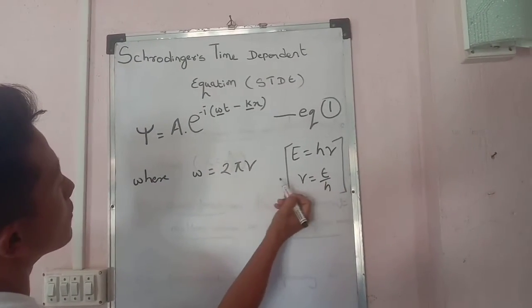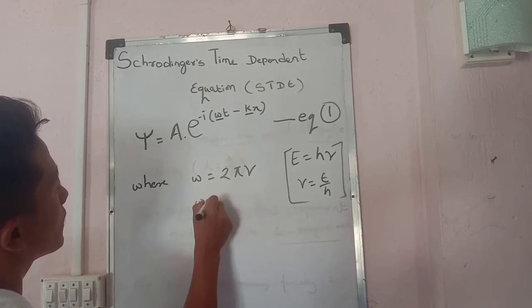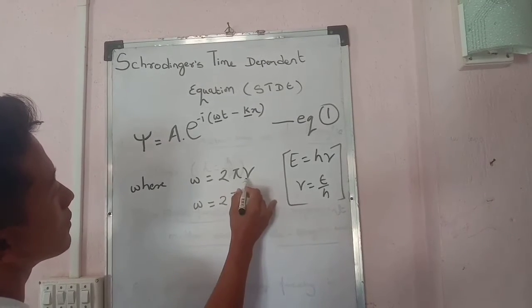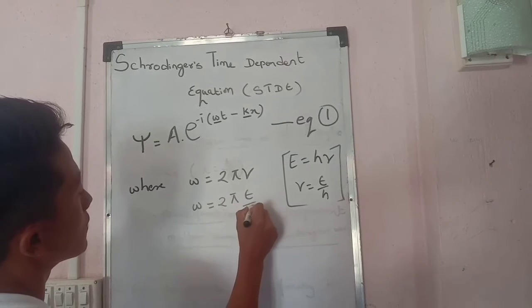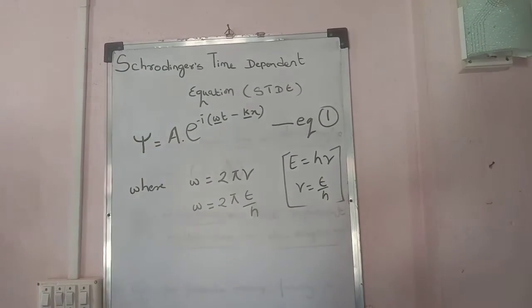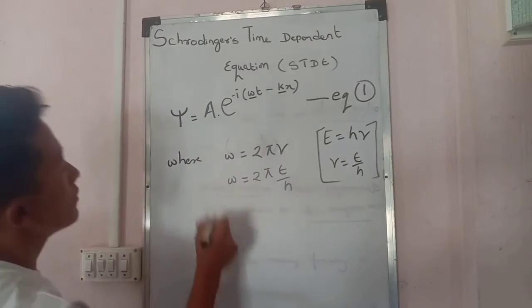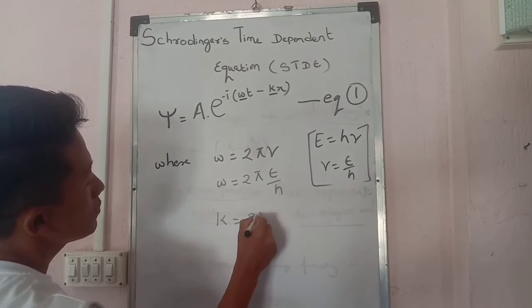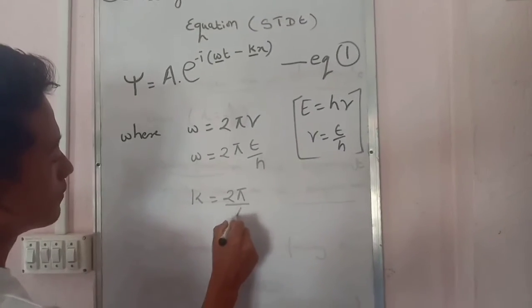Replacing the value of nu here, we get omega equals 2 pi E by h. Likewise, k is equal to 2 pi by lambda.